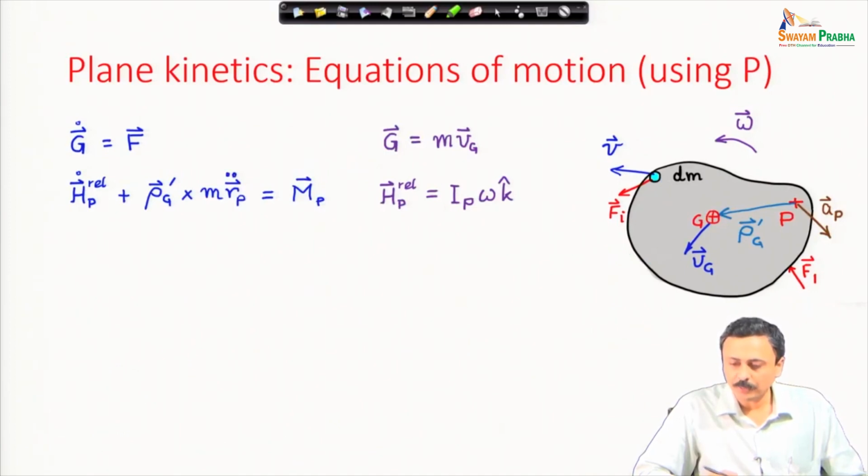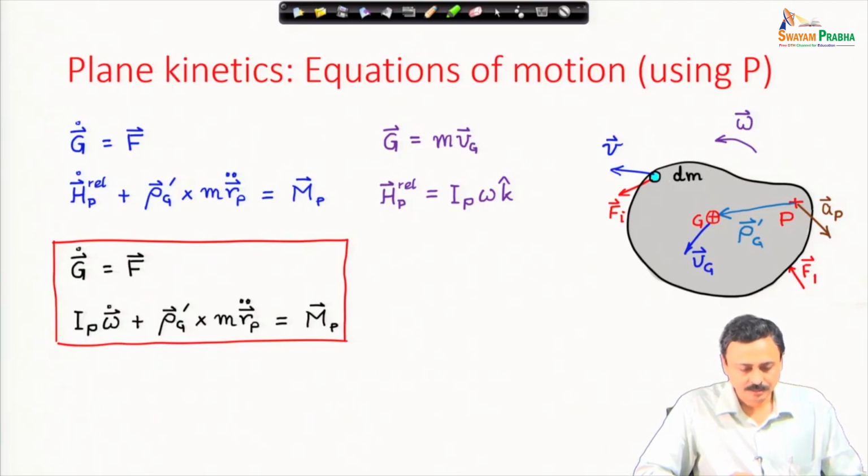For an arbitrary point P, this is the most general situation we have. We have the linear momentum equation, the extended Newton's second law, and the angular momentum equation with H P relative. Here H P relative, in the case of planar kinetics, reduces to I P times the omega vector, where I P is a scalar, the moment of inertia of the body about P. Therefore, this is the equation.